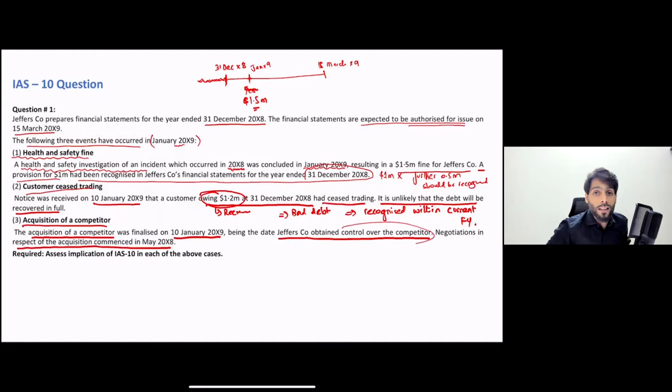We were already in negotiations with the competitor for a potential acquisition within the reporting period. We were actually in negotiation. But you see, the negotiations don't guarantee control. Was control guaranteed by the end of the reporting period? The answer is no. No control was guaranteed at the end of the reporting period.